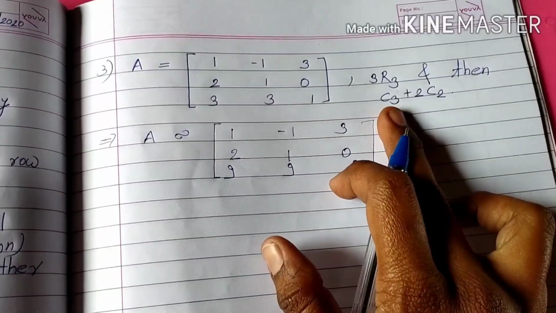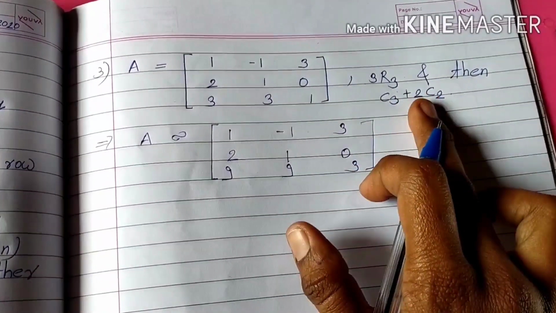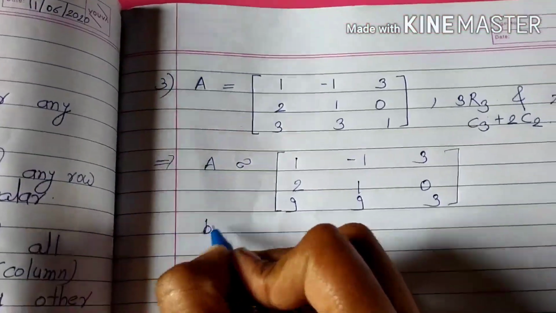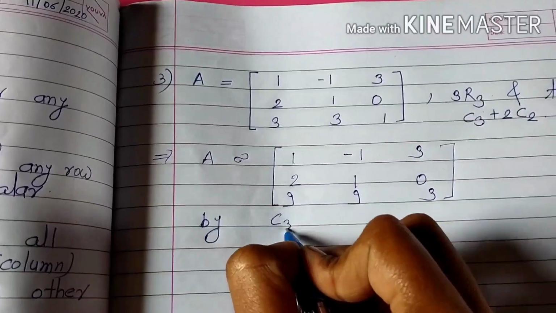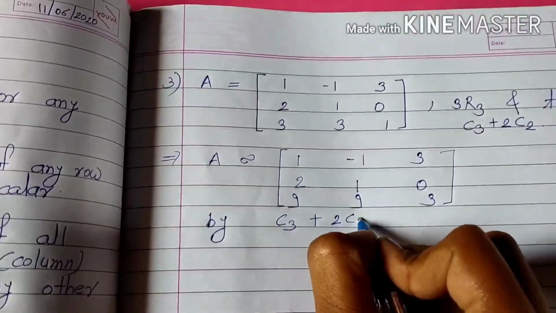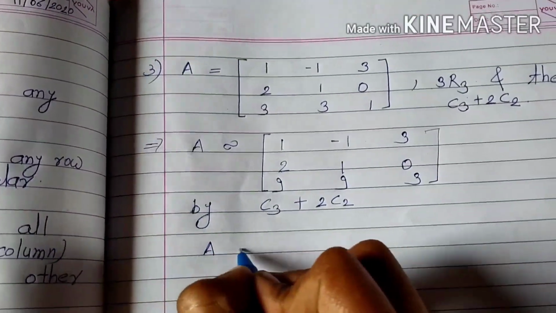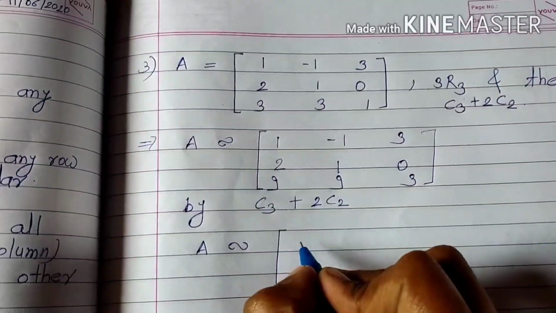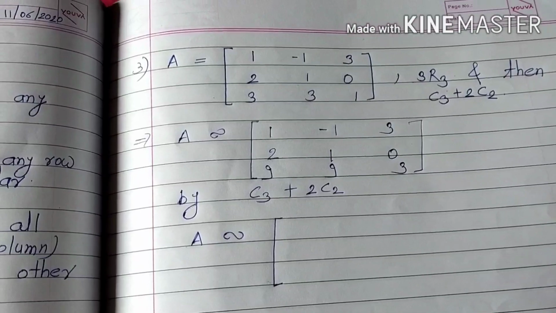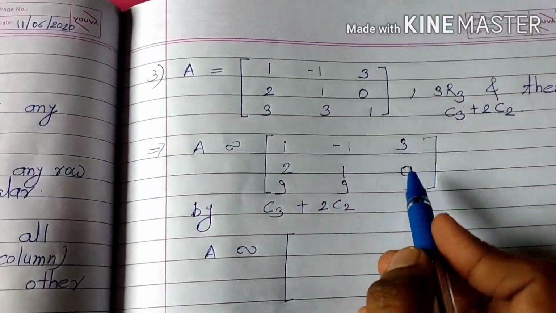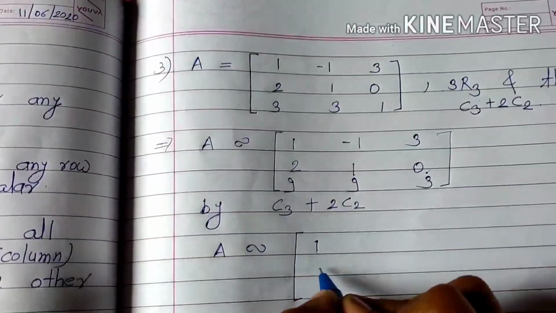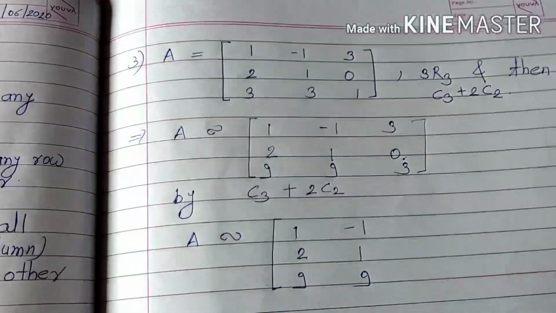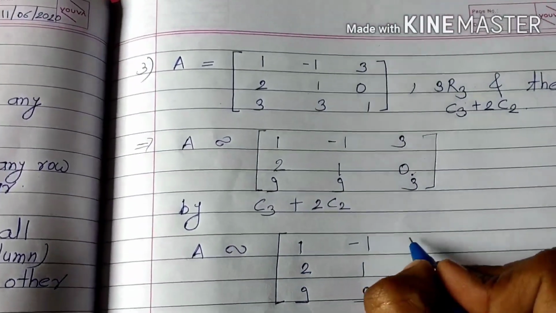Now you have C3 changes to C3 plus 2C2. So by C3 plus 2C2, A is equivalent to, what we have to do, C3 changes, C3 only. So this is C3, keep C1 and C2 as it is, and you have to change C3 plus 2C2.